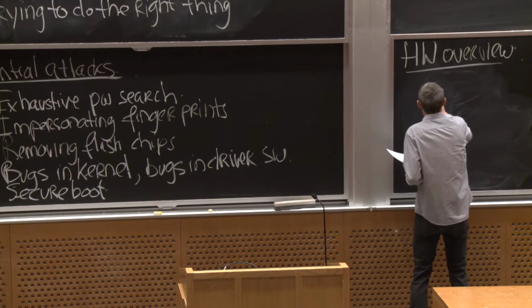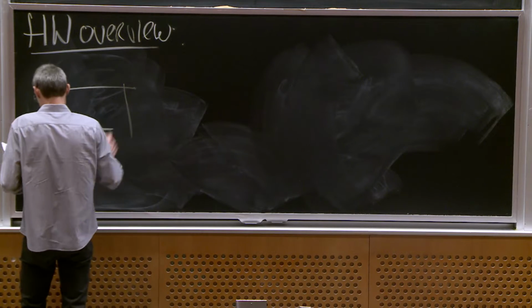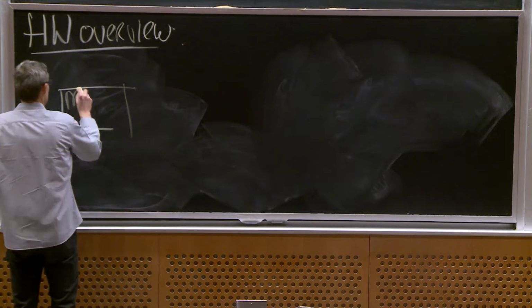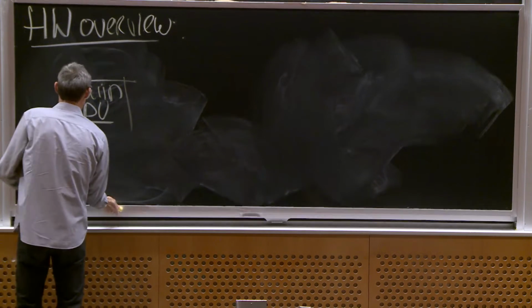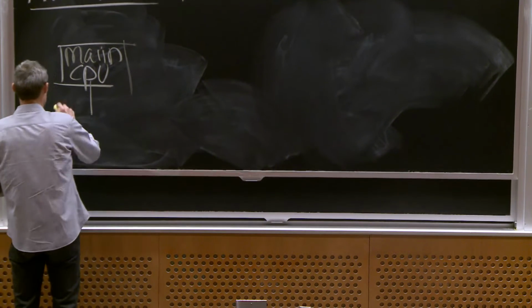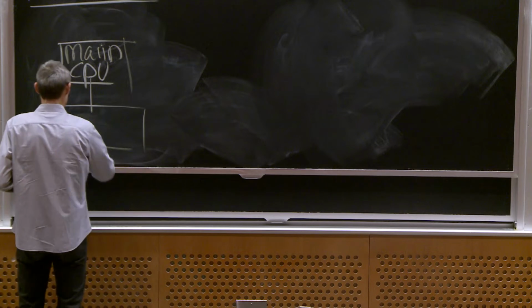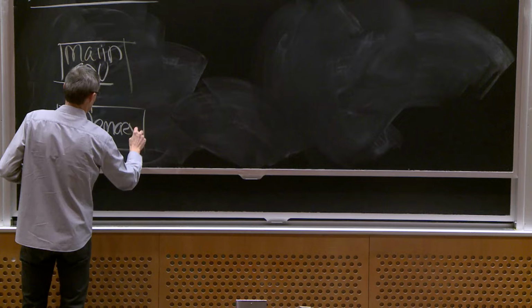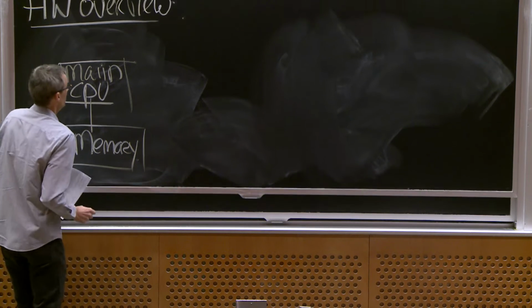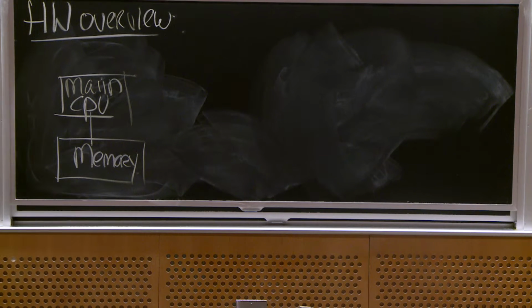So there's a regular main CPU, and that talks to some DRAM or some memory. And this is your standard chip, your standard processor.